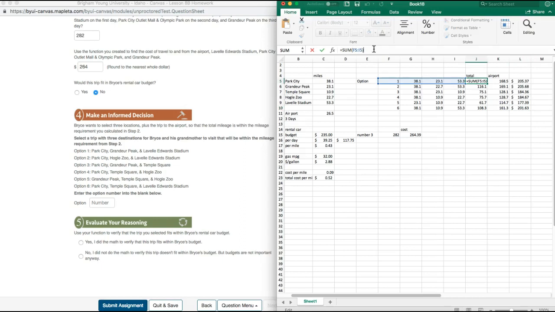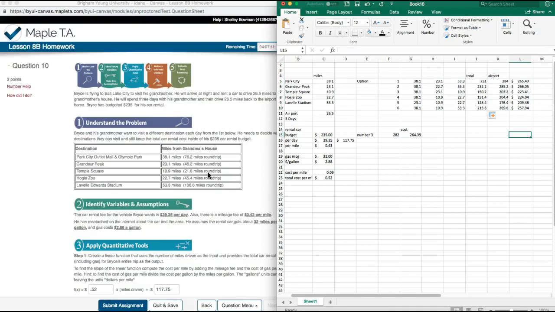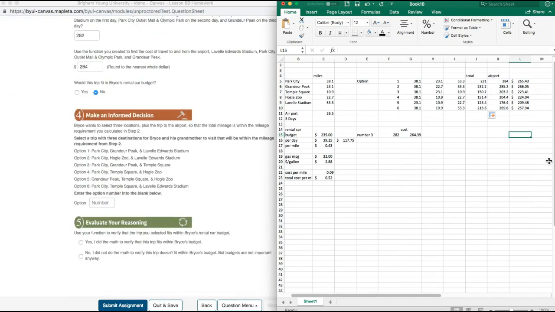So make sure that we get back each time for each of those, which doubles the mileage. There we go. That makes it look so much better. Okay, because you know what? On yours, I really would make sure that you get the round trip on there instead of the miles to Grandma's house. That would have saved us a lot of time.